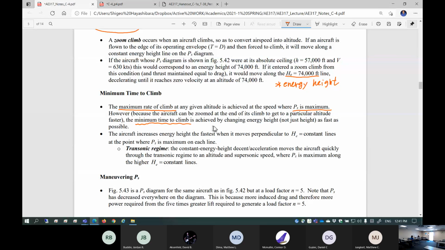Now, minimum time to climb is slightly different. Minimum time to climb is achieved by changing energy height as fast as possible, and the aircraft increases energy height the fastest when it moves perpendicular to the HE equal to constant lines. This is quite important.